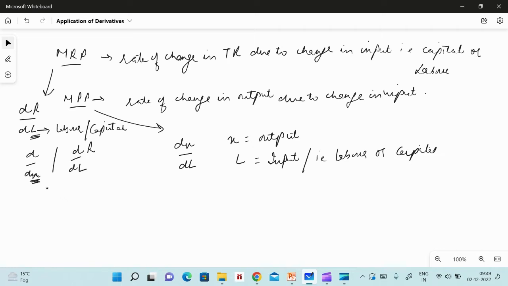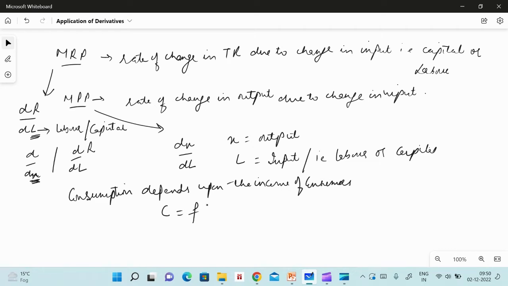And if we talk about marginal propensity to consume and save, here we all know what is consumption. We have read in economics that consumption in the economy depends upon the income of the consumer.